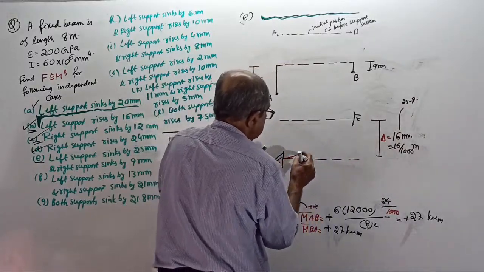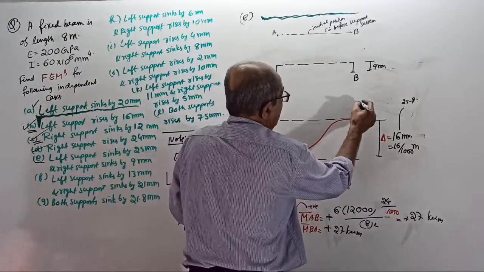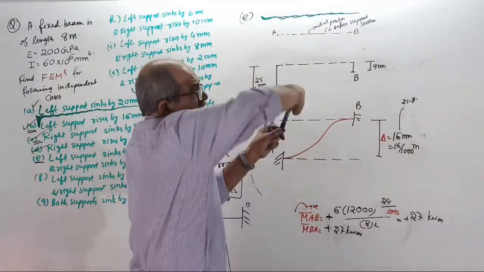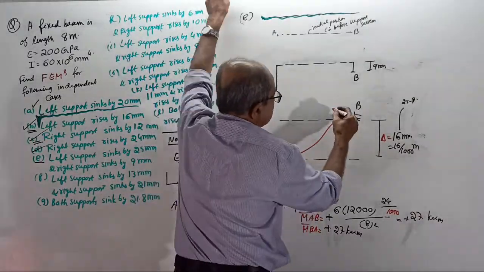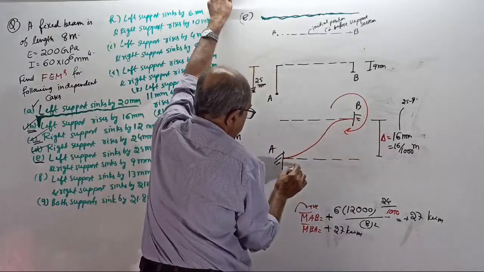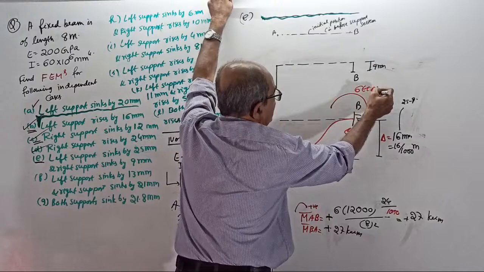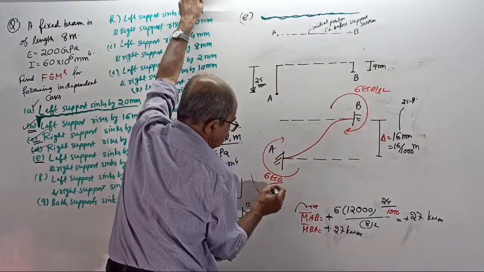Elastic curve. Okay. This is your A. This is your B. Now, as usual, it goes this way, clockwise moment. This is now mechanical formula. 6EI delta by L square. This also 6EI delta by L square.